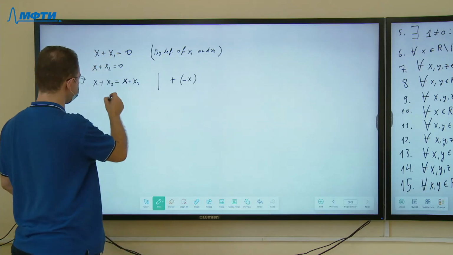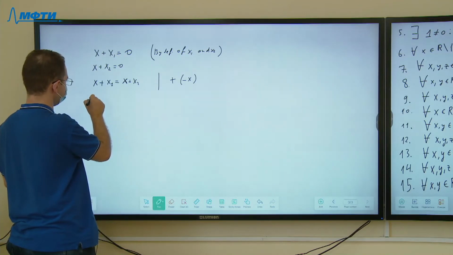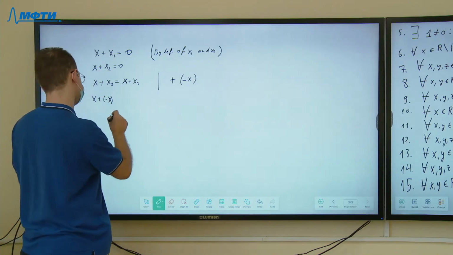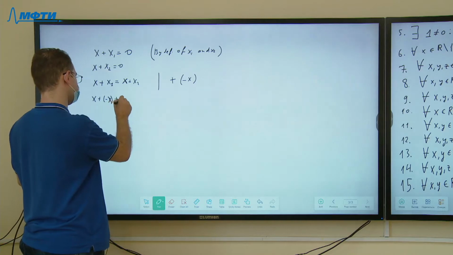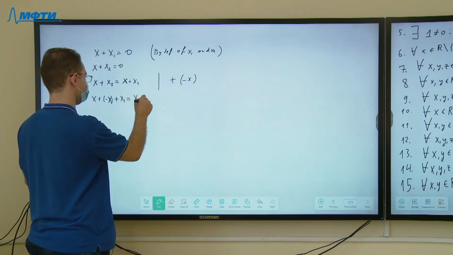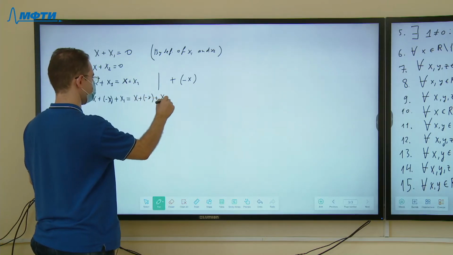And from here we will see that this is x plus minus x plus x1 equals x plus minus x plus x2.